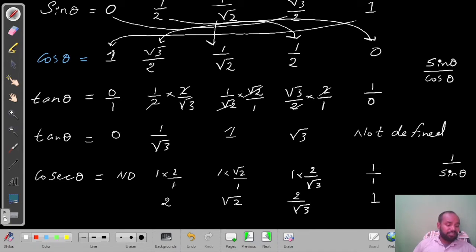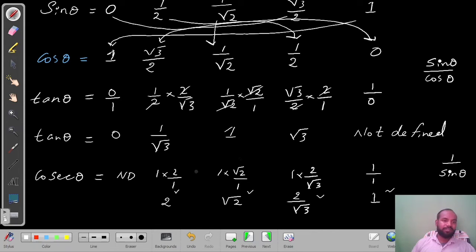Cosec 30 is 2, right. Cosec 45 is root 2. Cosec 60 is 2 by root 3. And cosec 90 is 1. Absolutely all values are correct. So just memorize the formulas, then you will easily get all the ratio values for all the angles. You don't need to learn anything by heart here.